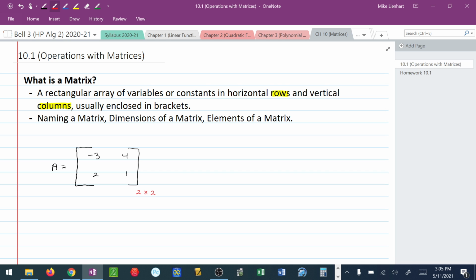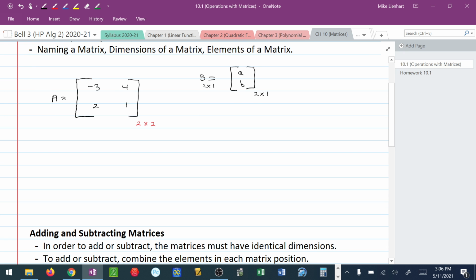Matrices can come in all different kinds of shapes and sizes. For example, let's define matrix B, and let's say that we want to make it a 2 by 1 matrix. What does that mean? It has 2 rows, so we'll call these A and B, and 1 column, and that would be a 2 by 1 matrix. We could also say that a matrix has 1 by 3.